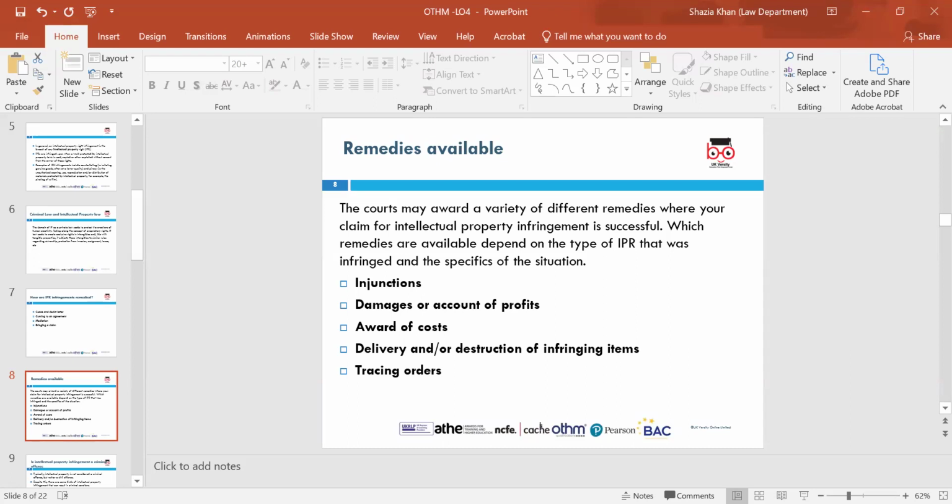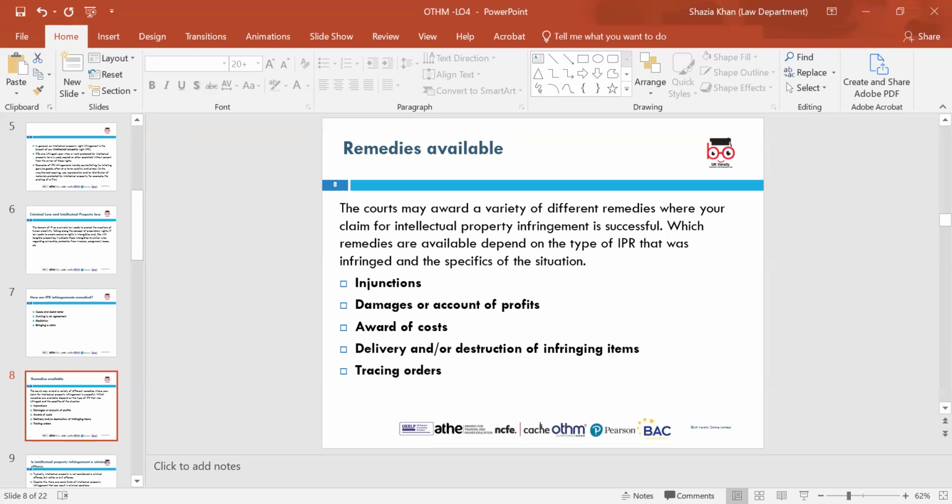It's really important that you bear that in mind before you do anything like that. If you do any piracy or counterfeiting, you need to make sure you are aware that the remedy available could be imprisonment in some cases as well.